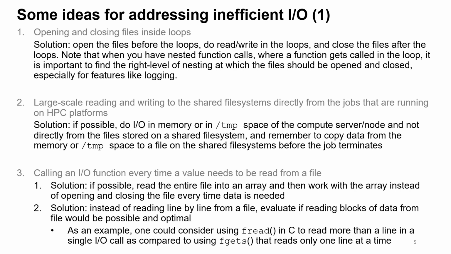Note that when you have nested function calls, where a function gets called in the loop, it is important to find the right level of nesting at which the file should be opened and closed, especially when you're implementing features such as logging or checkpointing. It is also important to review the user guides of the large-scale HPC systems of interest to learn about their hardware architectures.